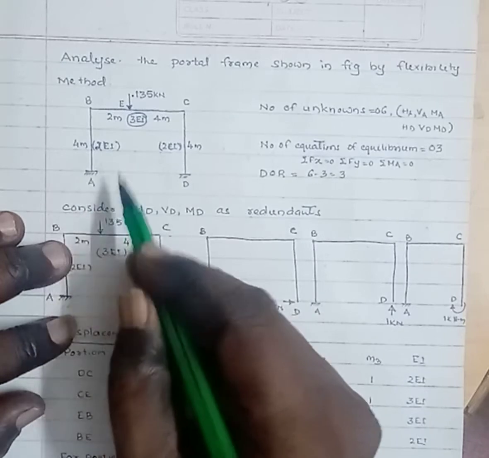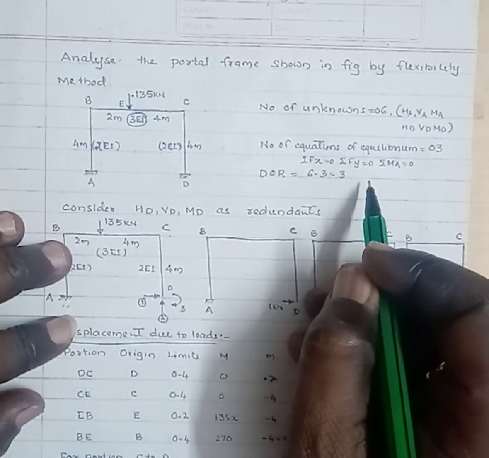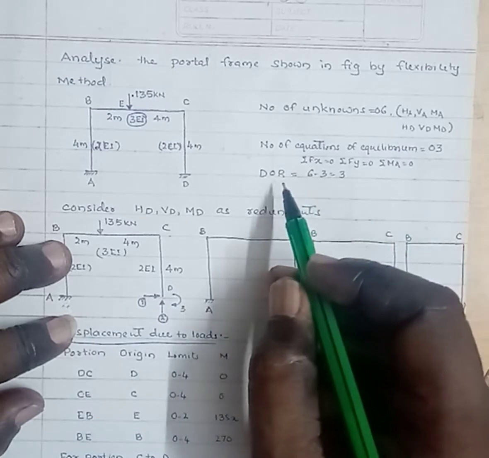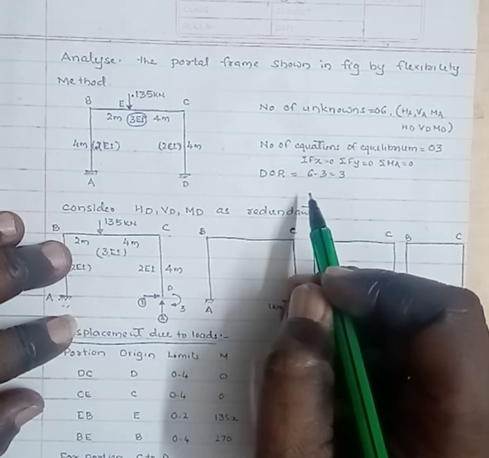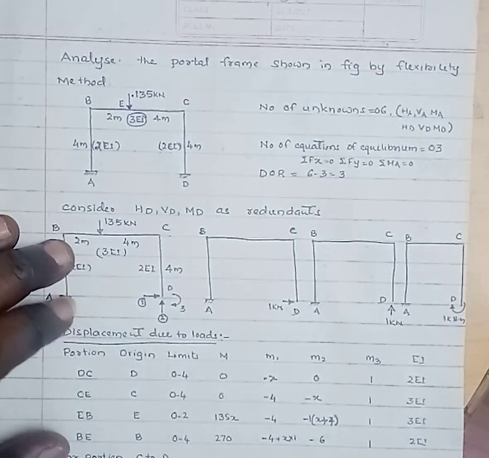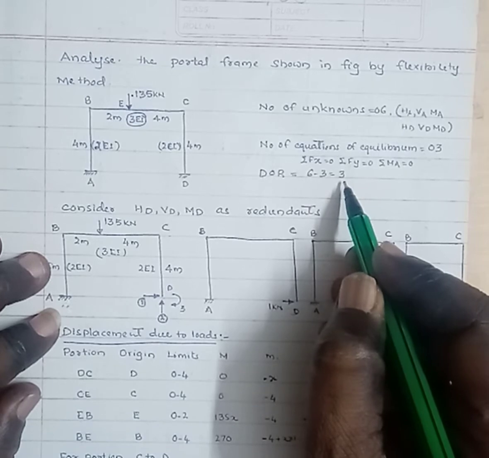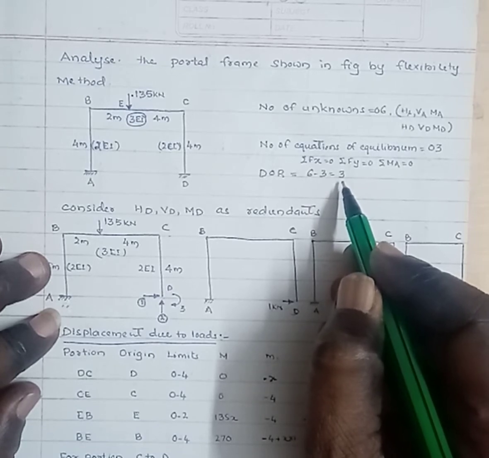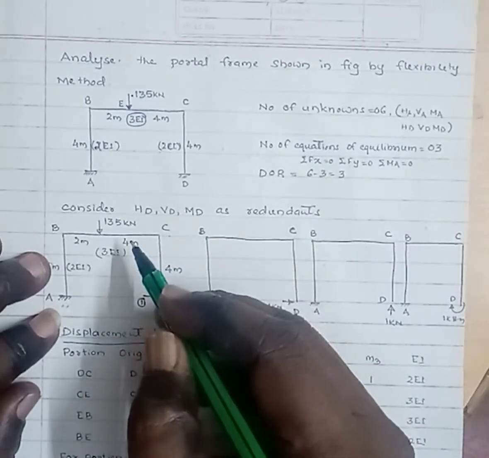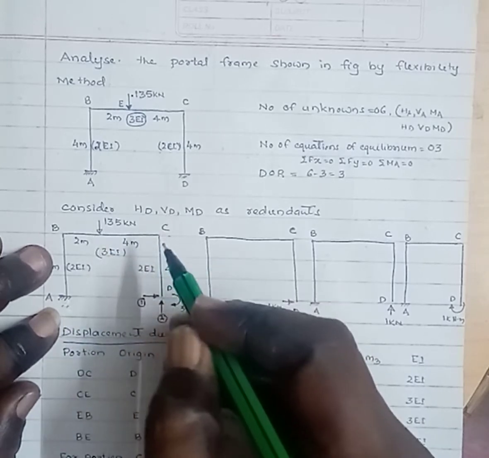The available equations of equilibrium are 3: summation of Fx equals 0, summation of Fy equals 0, summation of MA equals 0. Hence the degree of redundancy is the number of unknowns minus the number of available equations of equilibrium, which equals 3. We can consider any 3 unknowns as the redundants.